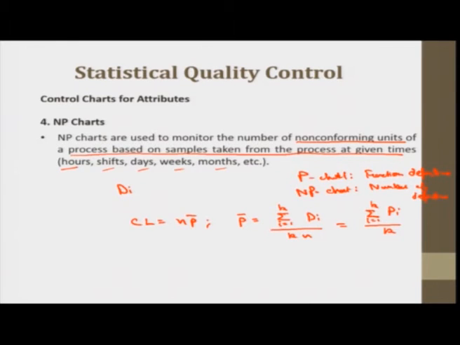Okay. And the lower and upper control limits: the lower control limit can be given by NP bar minus Z times square root of NP bar into 1 minus P bar. You can see we have just multiplied N with the P chart.